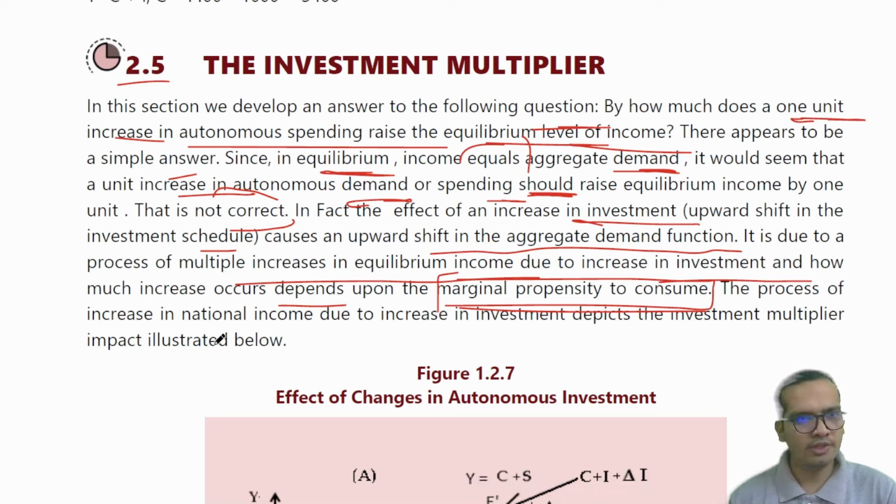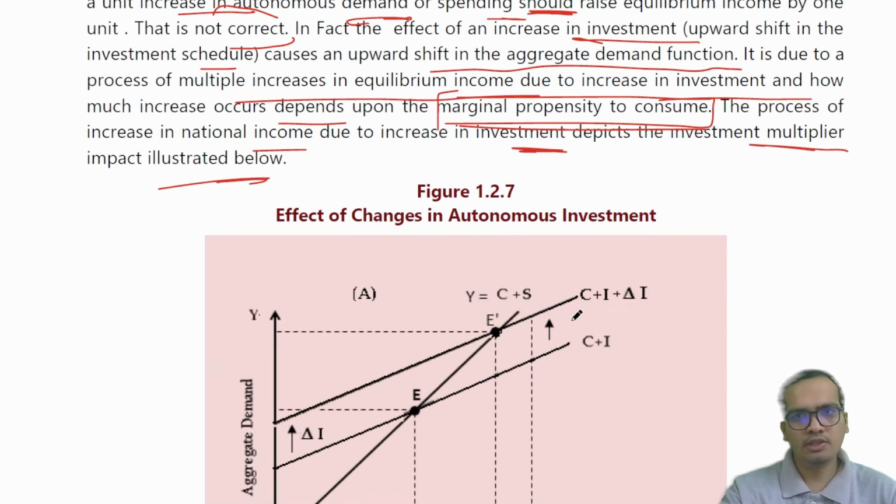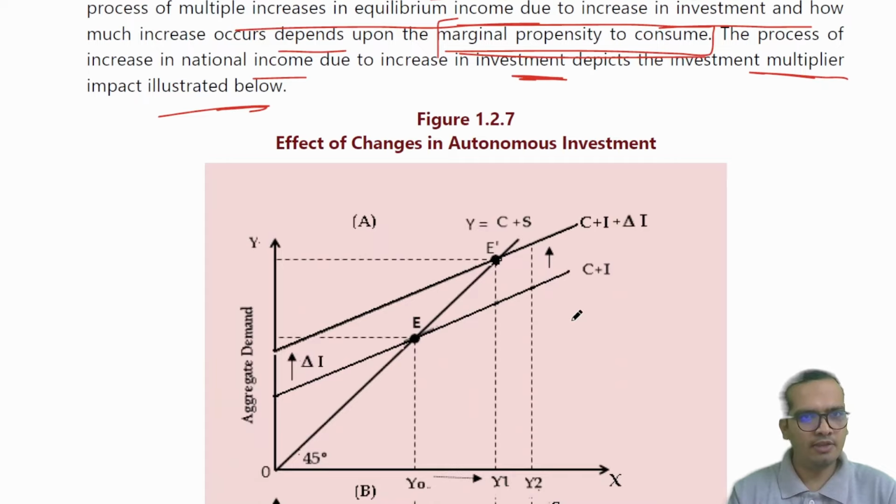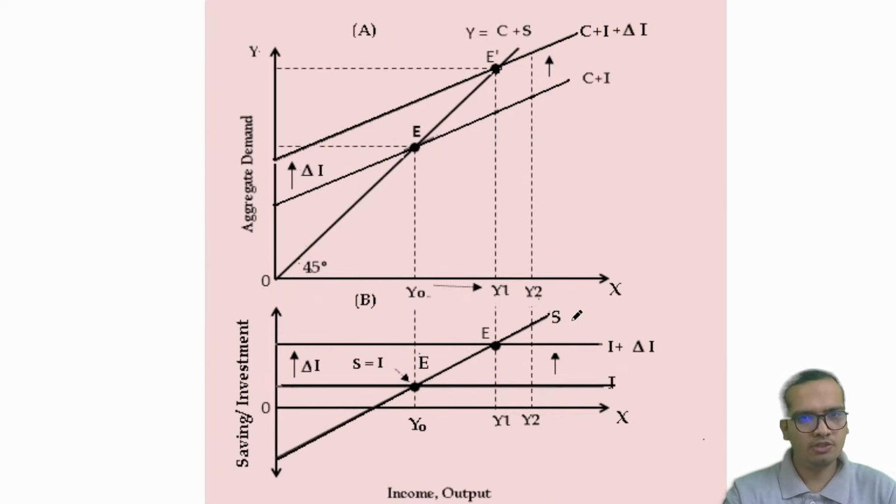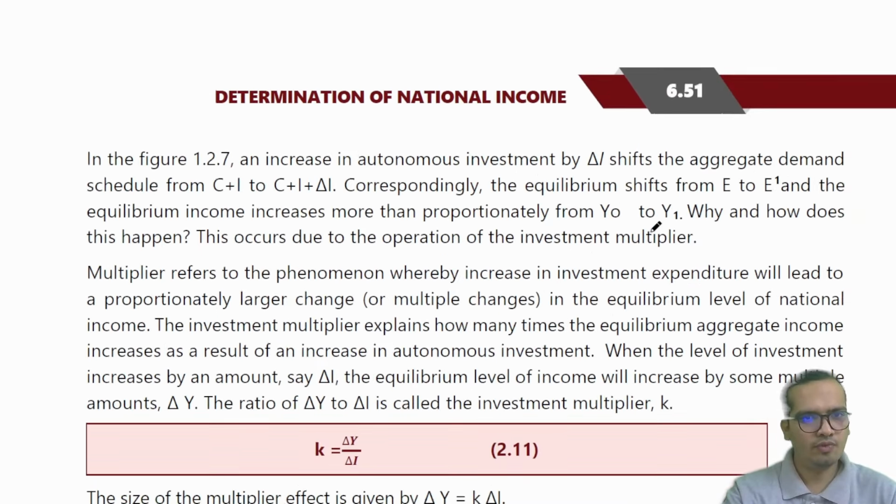The process of increase in national income due to increase in investment depicts the investment multiplier impact, illustrated below. So we have this illustration here. We have aggregate demand and saving investment. This is income. Then they will shift from Y0 to Y1 and Y2, which will be explained as above.